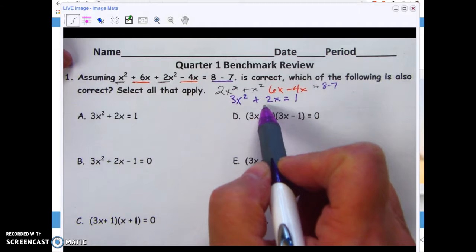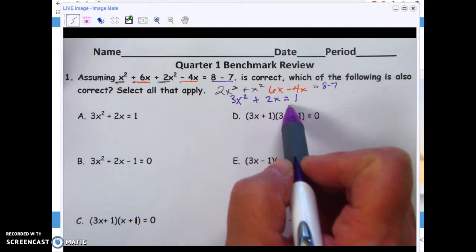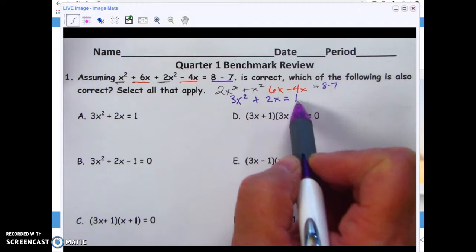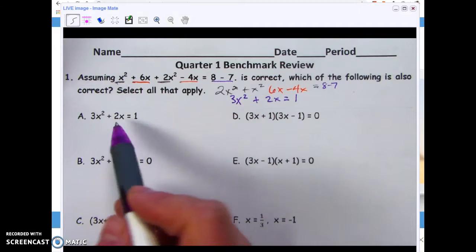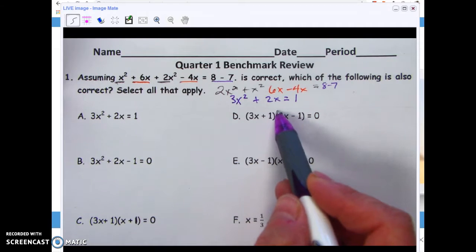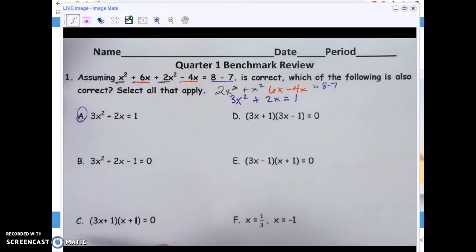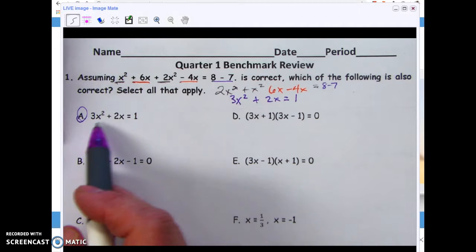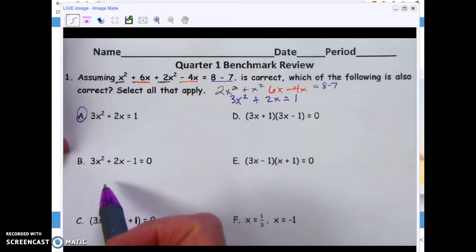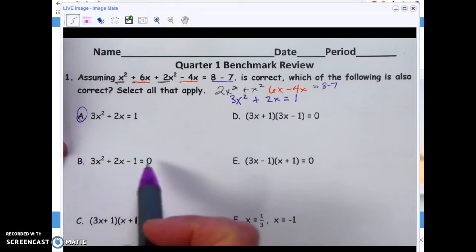This is represented also by this. It is not in standard form yet because of this equals 1. Standard form would mean it equals 0. But what I'm going to do is look and see, do any of these match that? Look at the first one. It does. So that is an answer choice. This is also correct to match that. Now, if I look at this and I look at that, what is the difference?